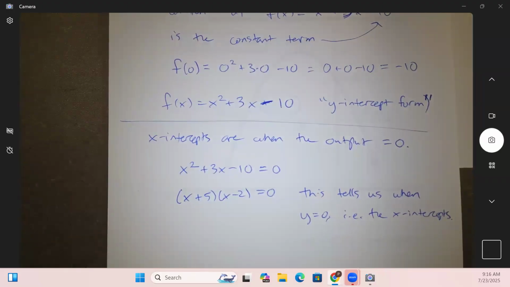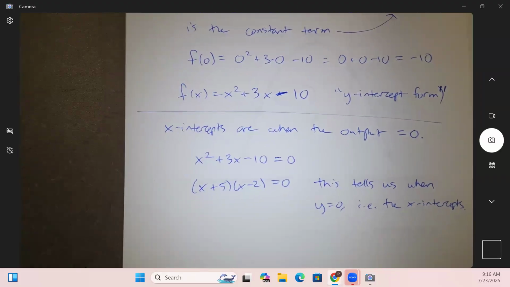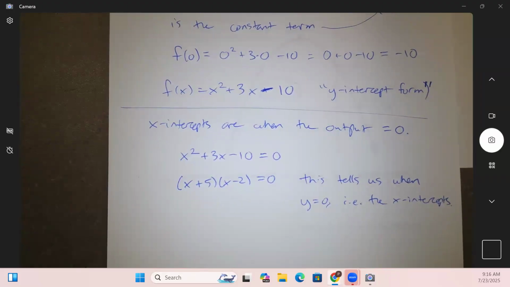Which is very helpful if you're working in any sort of physical situation. It's really nice to know when the output's going to be 0. Right? If you're throwing a baseball, it might be nice to know when it hits the ground, when the height is 0. If you're running a business, it might be nice to know when your profit equals 0, right? When you break even or when you've gone too far and now you're going to start losing money.